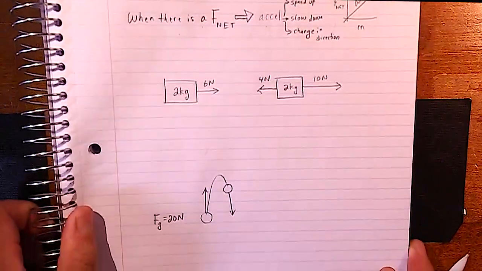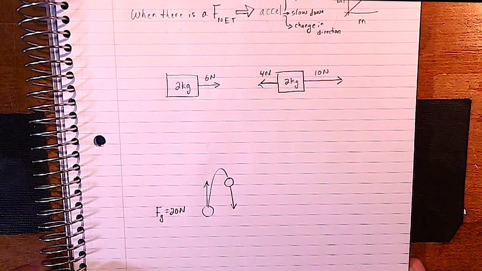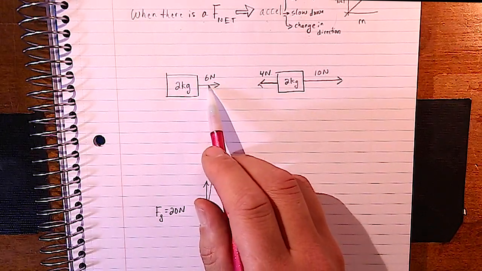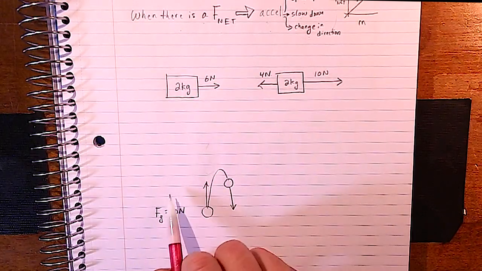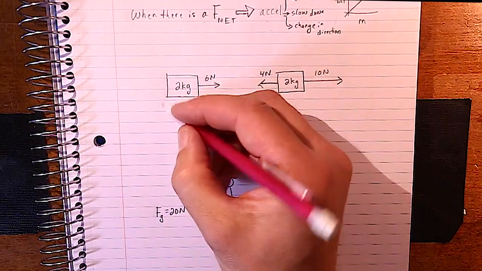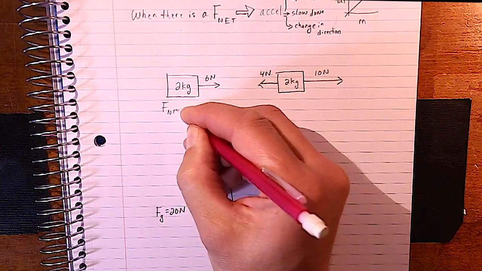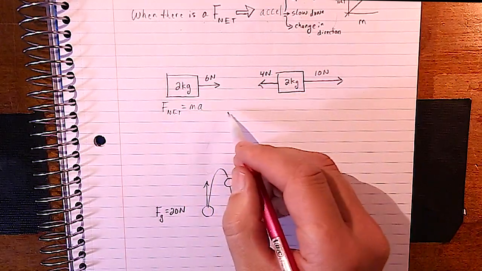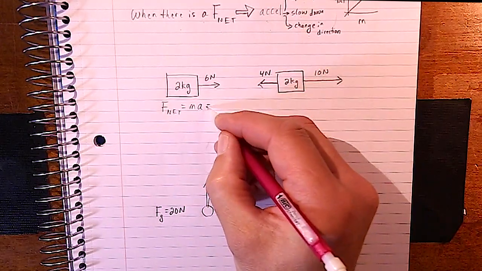So let's look at a particular situation where this happens. Let's say the only force acting on an object is a force of push of 6 newtons. In that case, we would say F net equals ma, and then we would sum up all the forces. What are all the forces?